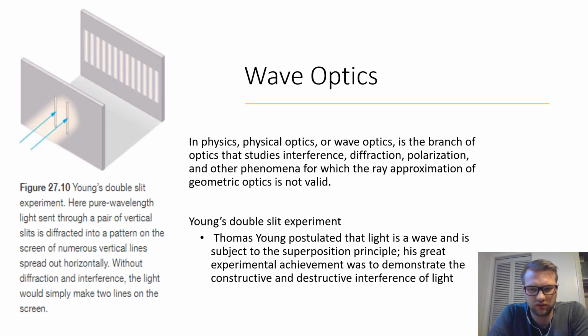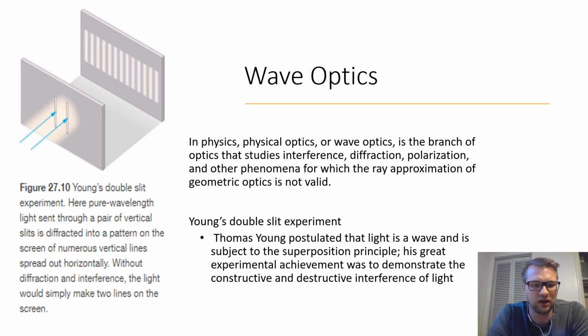So another reason constructive and destructive interference is important is because in physics we talk a lot about wave optics. Wave optics is simply the study of interference, diffraction, polarization. It's just how they behave. Thomas Young, an awesome scientist, talked a lot about this, and he had a couple experiments. The famous one is the double slit experiment.